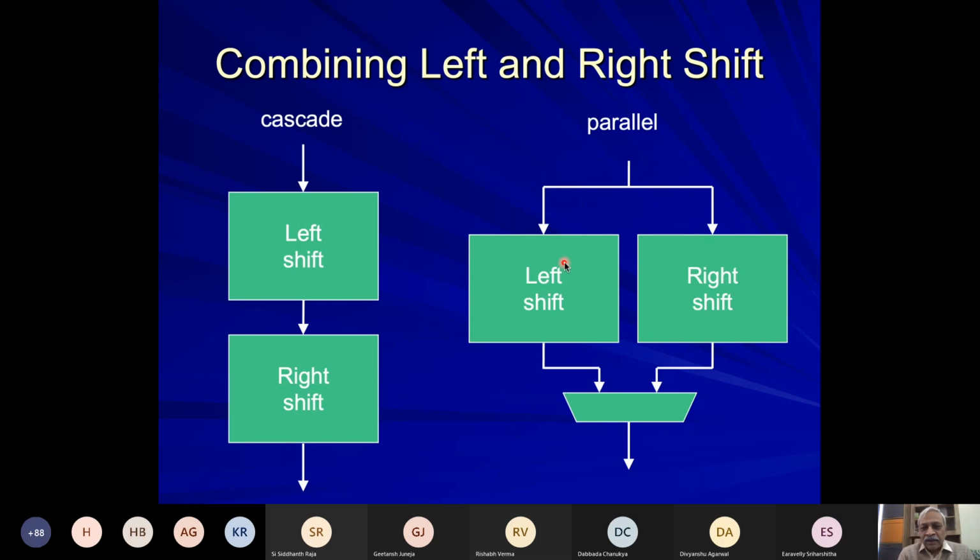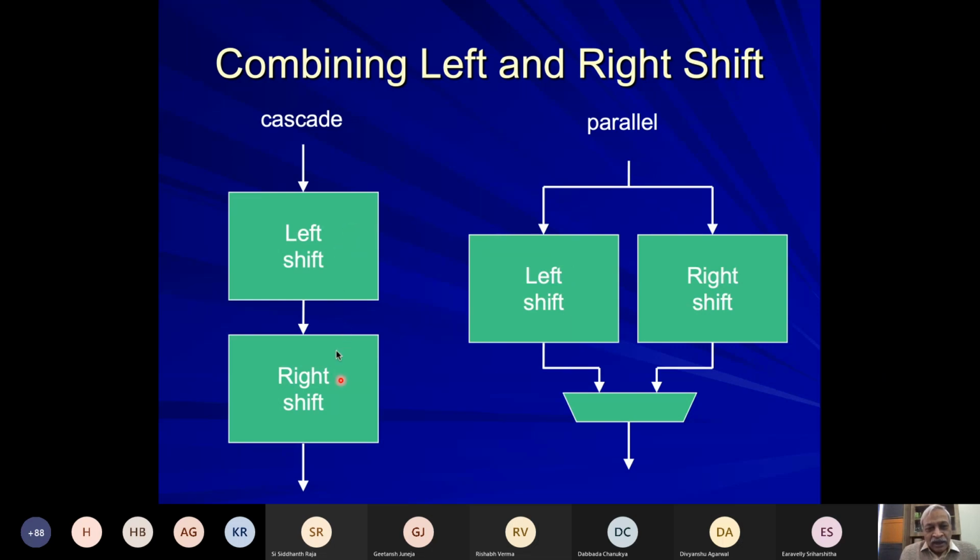Okay, now I talked about circuit for doing 3 different kinds of right shift. Okay, but there is a left shift also. So there are various ways of doing it. On similar principle, you can design a left shift circuit.